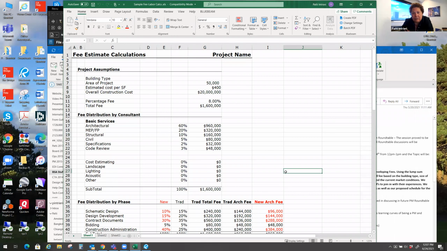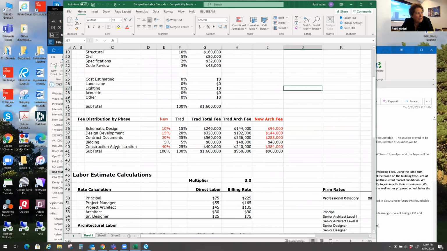That really also depends on how your firm operates. Sometimes cost estimating is in there. There's landscape, lighting, acoustic, and other specialty consultants that, for the purposes of this exercise, I've just not included, but it depends on the project.